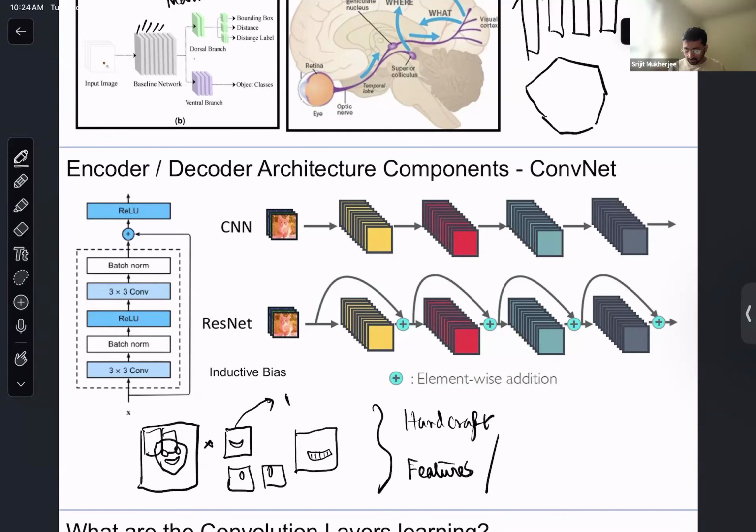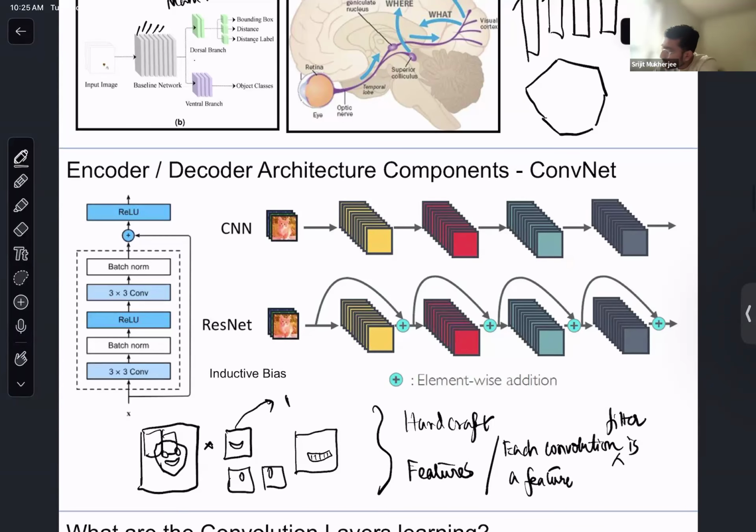So each convolution filter is a feature extractor. And we are learning this from the data. And this builds this entire architecture of the CNN. And these are the hierarchical structures. This is level 1, this is level 2.